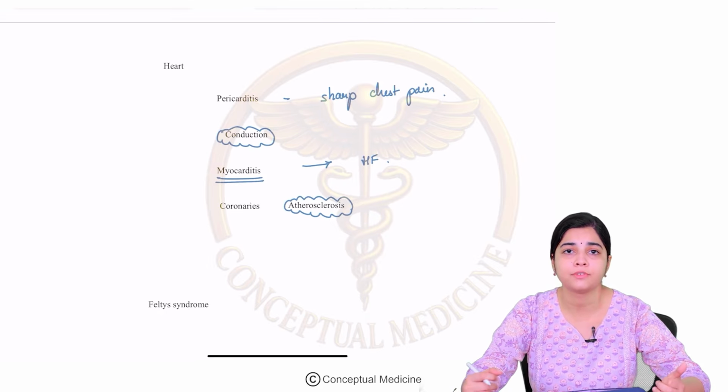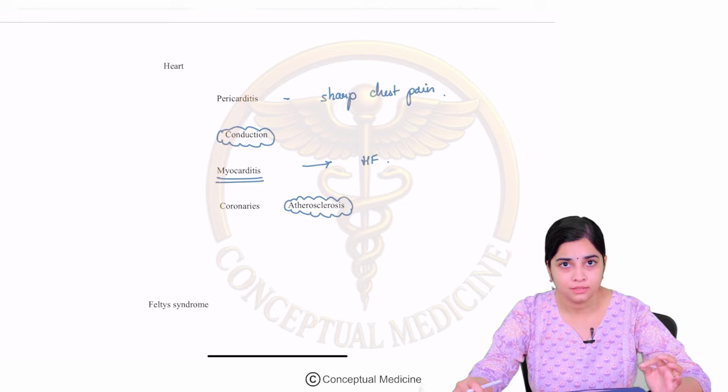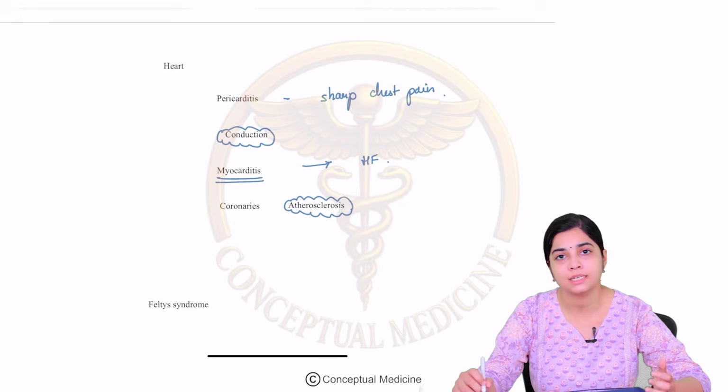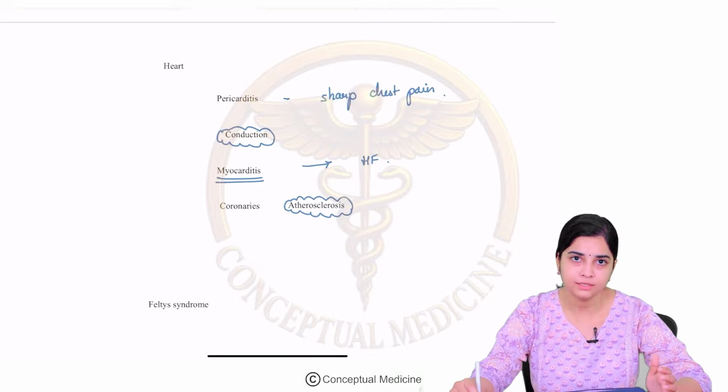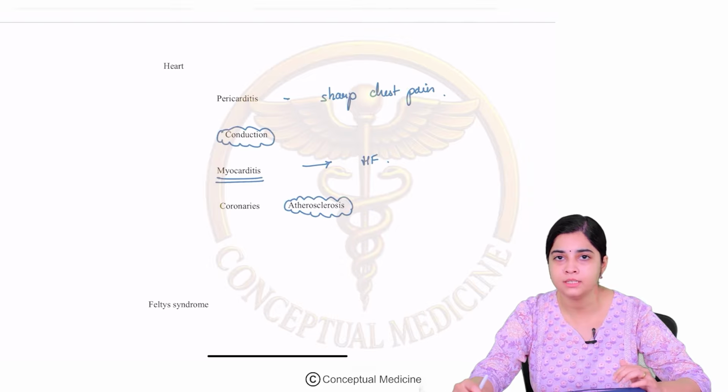Because of this high risk, it's very important that every RA patient undergoes proper screening for diabetes, hypertension and other risk factors including dyslipidemia. So they are predisposed to atherosclerosis and can develop coronary artery disease and increased risk of myocardial infarction. Okay, fine. So this is how RA affects the heart.